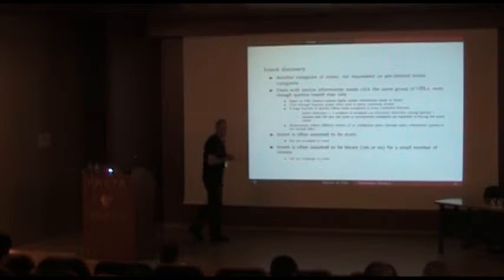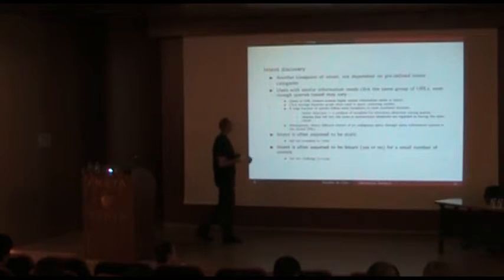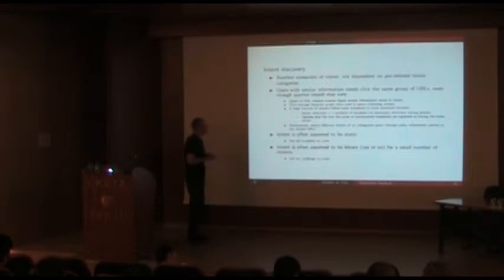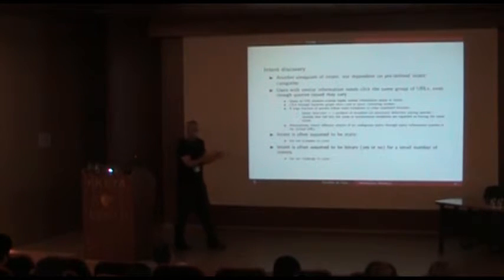And so again, here you could use more graph-based intuitions, like we saw before the break. Click graphs have been used to do query clustering, and then try to find out what the intent might be. So when you've clustered a number of queries, what is the right label?